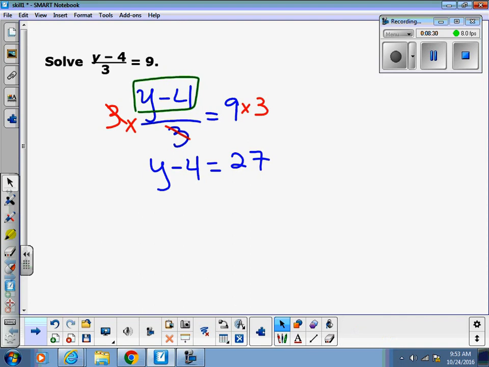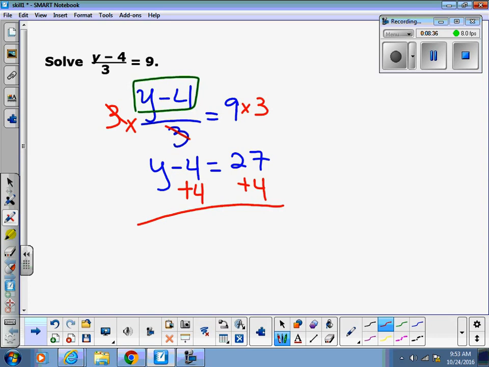And to undo the subtraction, now we need to add 4. These cancel, and we get y is equal to 31. Okay? And that's it. Just remember in this case, we need to undo the division first.